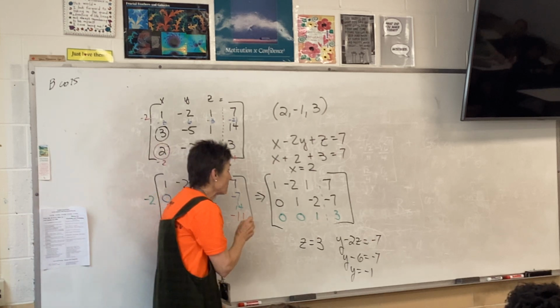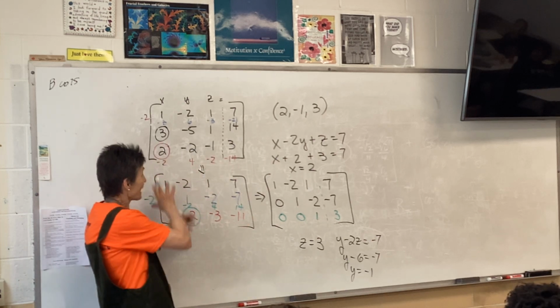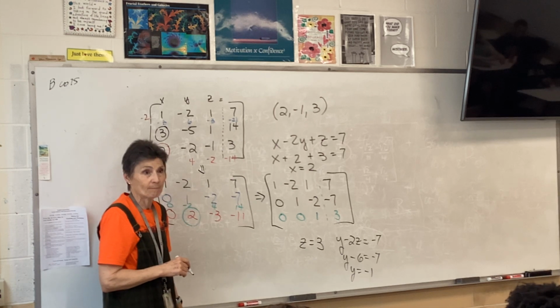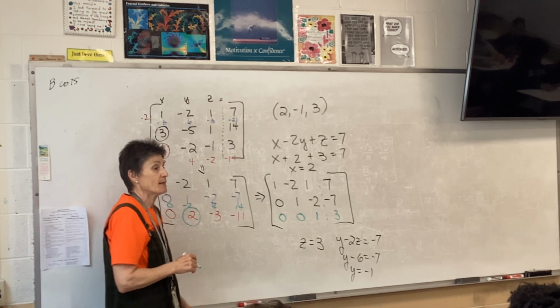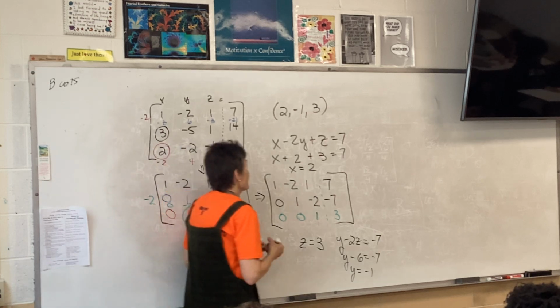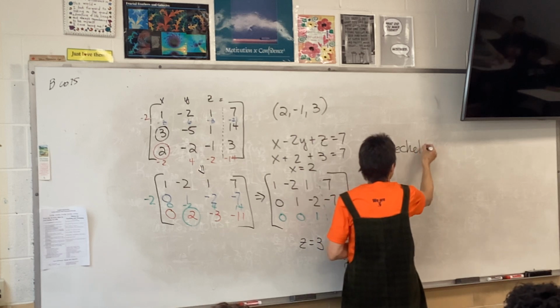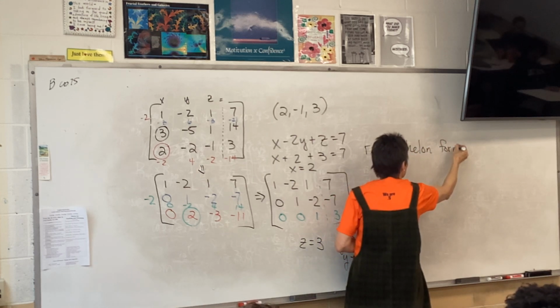All right, so gotta get back to my vocabulary. What I just did, that process is called Gaussian elimination. Gaussian elimination is the process that puts a matrix into what is called row echelon form.